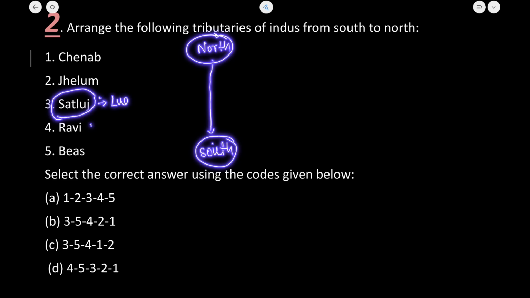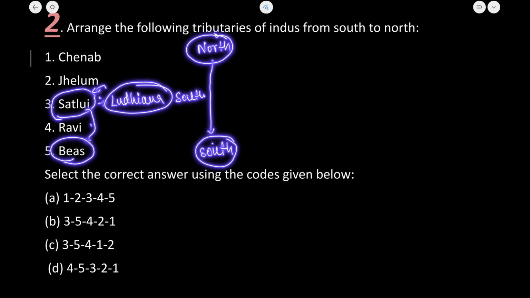The city of Ludhiana lies on the bank of river Satluj, so it is the southernmost. Then there is river Beas. So the correct order from south to north would be Satluj, and then above Satluj it will be river Beas.